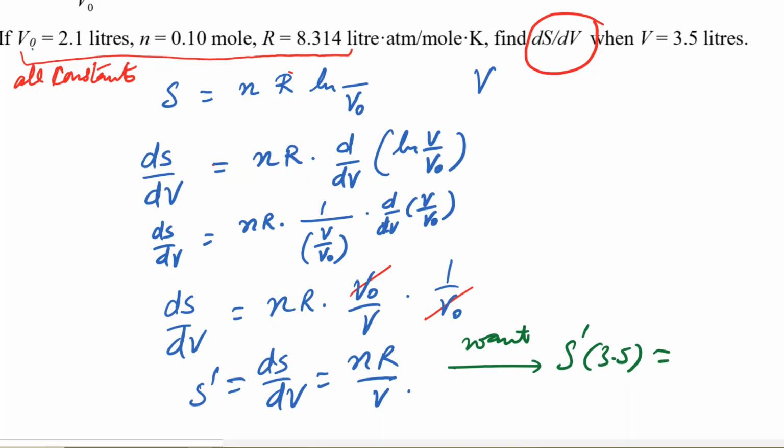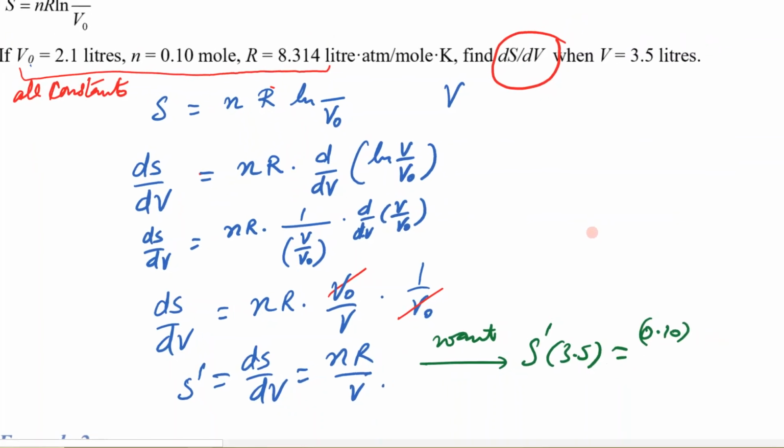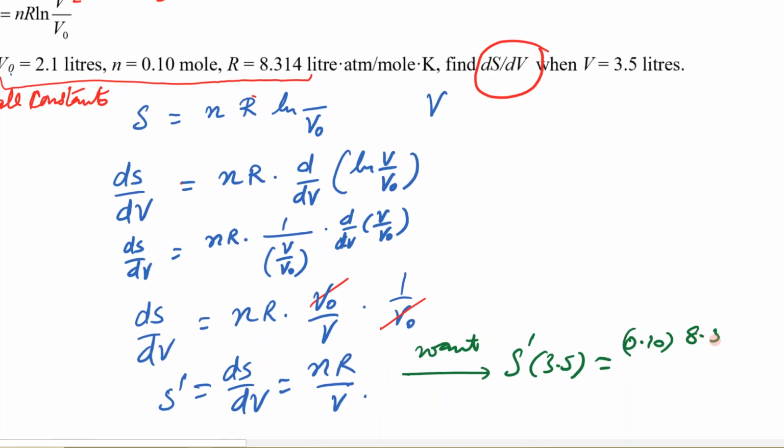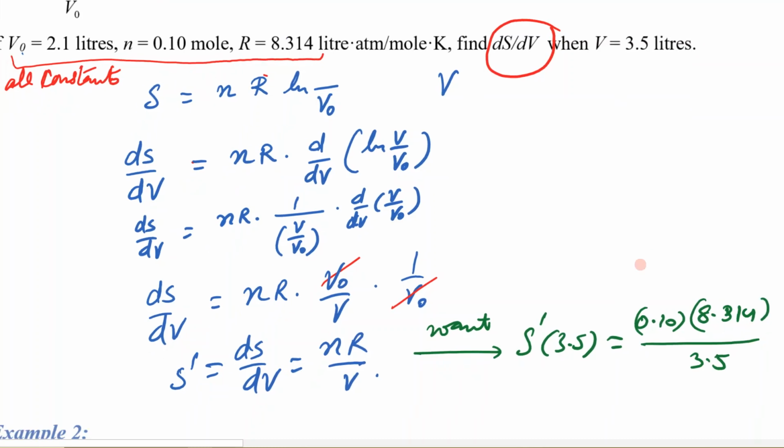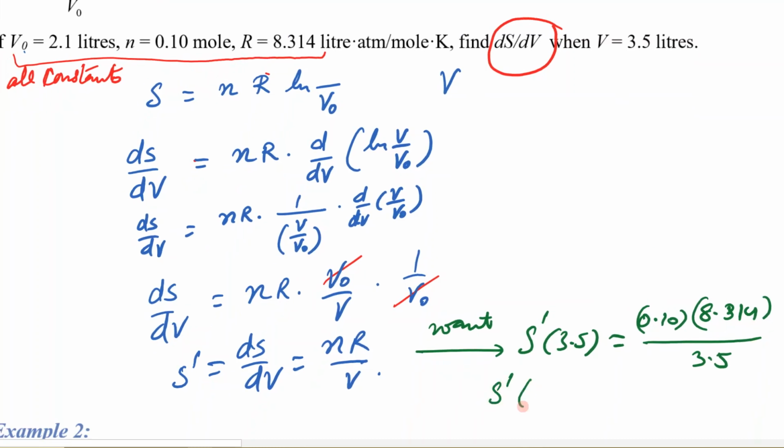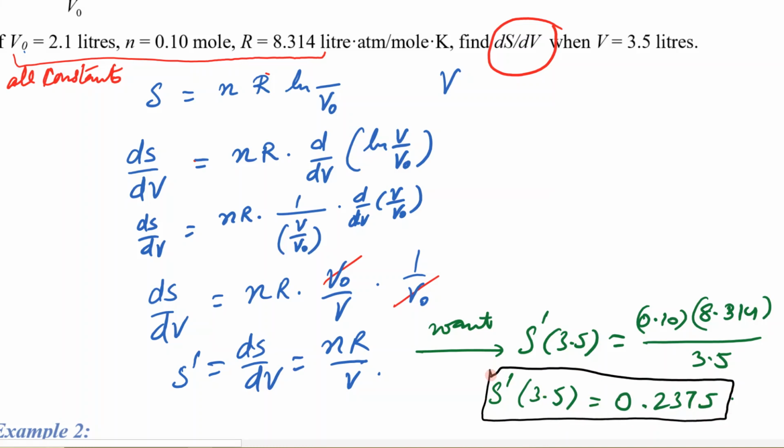So plug in the values: N is 0.10, R is 8.314, and V is 3.5. So overall we get 0.2375. So this is our desired answer. This is what we were trying to find out: the value of dS over dV when V is 3.5 liters.